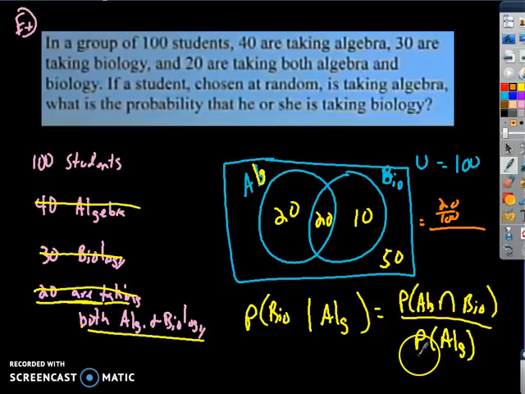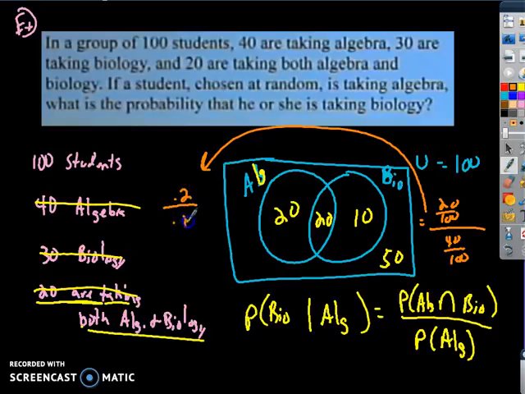And the probability of taking algebra is 40 out of 100, or 0.4. So this is 0.2 divided by 0.4, which is 50%. So the answer to this is 50%.